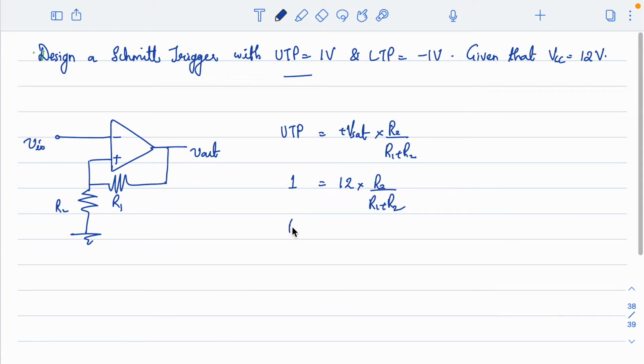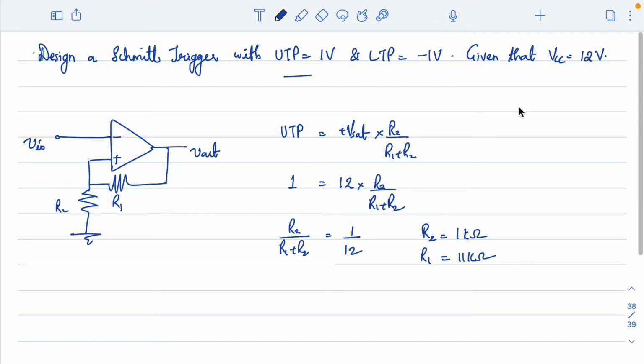Or you will get that R2 by R1 plus R2 is equal to 1 by 12, right? One way to choose the resistor values, assume R2 as 1 kilo ohm and R1 as 11 kilo ohms. This is the simple way how we can get the values, right?